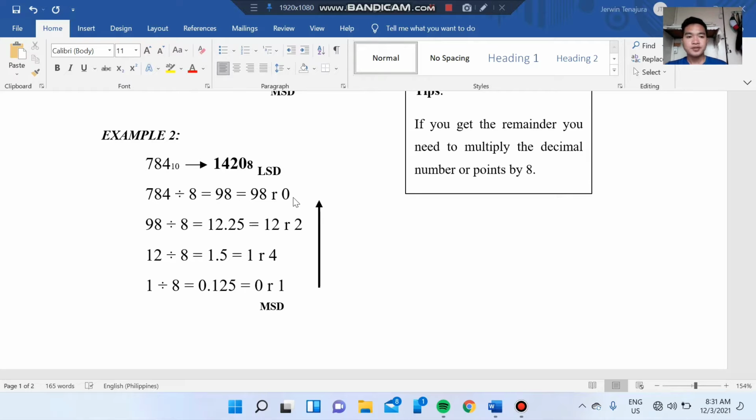So the result would be 1420 octal. It means the decimal number 784, when we convert it into an octal conversion, the answer is 1420. Okay?